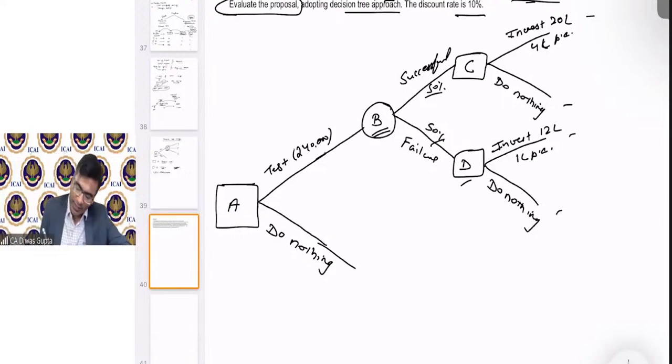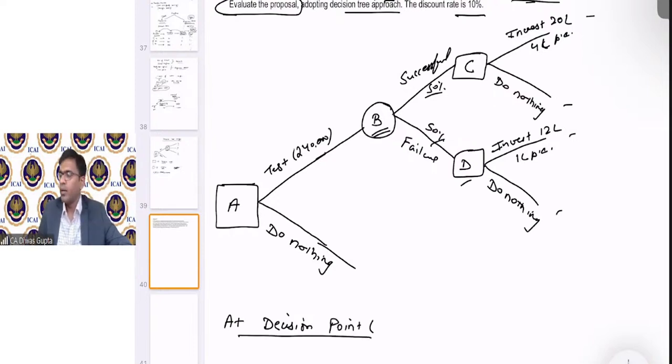So at decision point C, what are the two decisions, students? The first decision is to invest 20 lakhs and get 4 lakhs per annum. And the second decision is not to invest. Here, the preferred choice will be investing. Why?